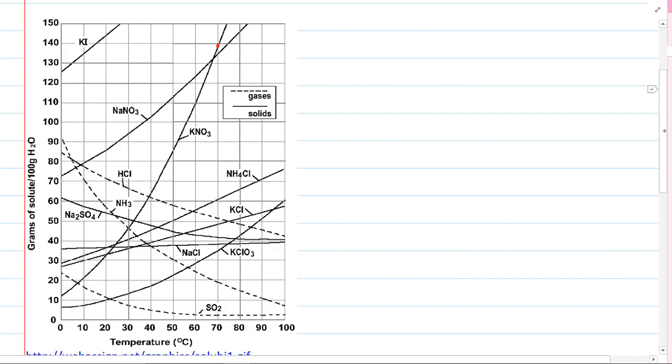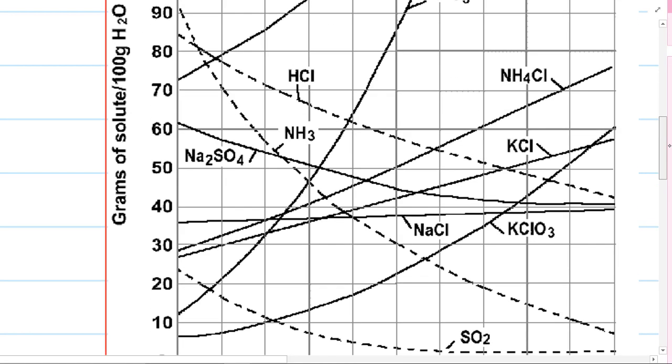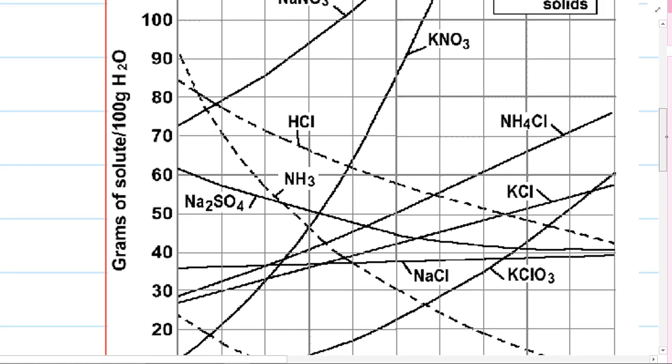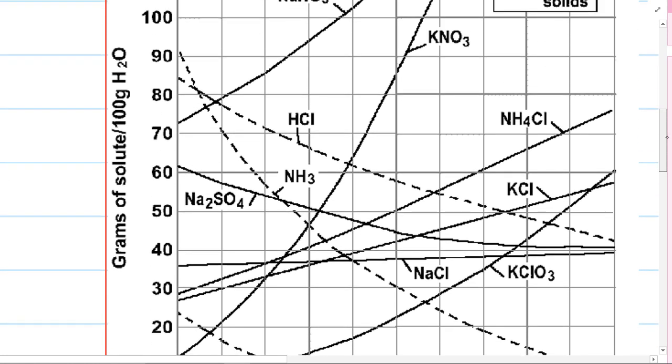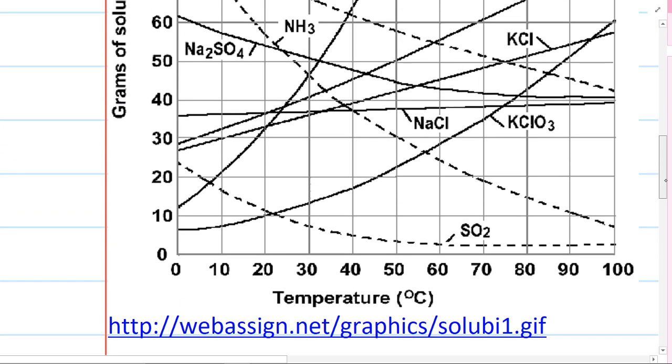And if you look at these graphs now and look at the axes on here, if I zoom this in a bit, on the vertical axis we have grams of solute per 100 grams of water. So this is the amount of solute per amount of solvent at a specified temperature, which is on the other axis down below here.